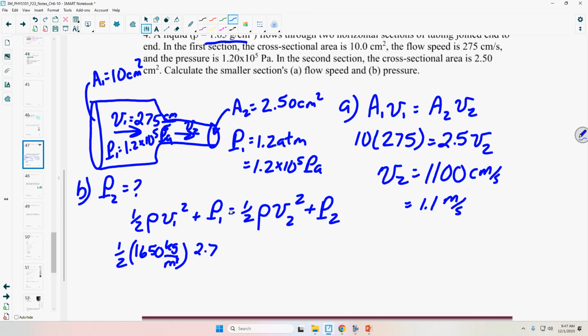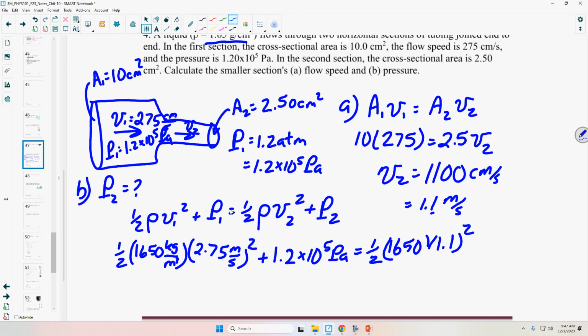That's 2.75 meters per second squared, plus P1, which is 1.2 times 10 to the 5th pascals. And then that's equal to 1/2 of 1650 times 1.1 squared. That's my new speed that I found, plus P2.